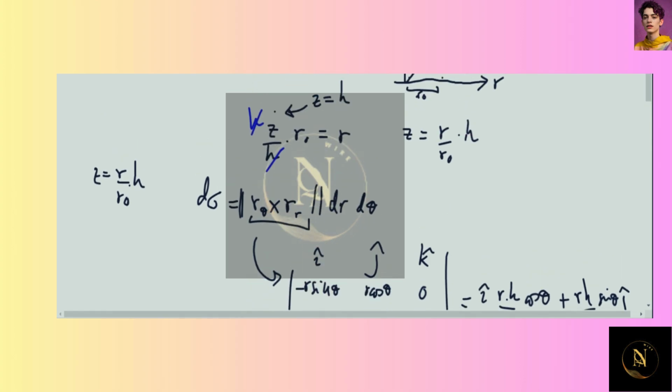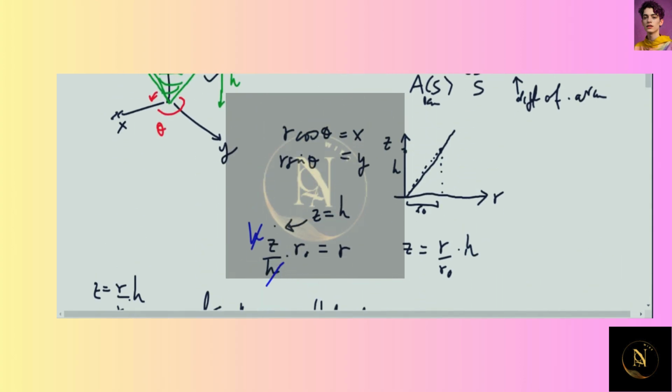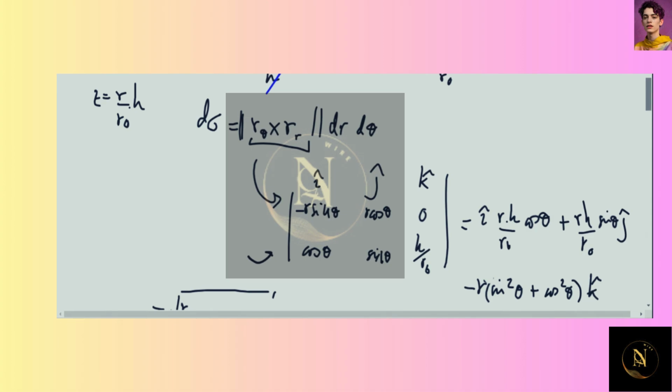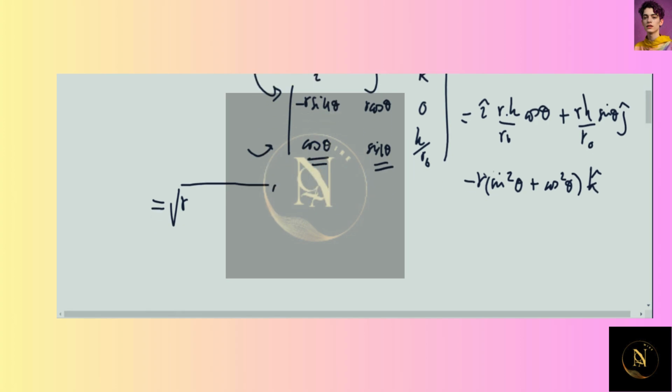So the derivative of x with respect to r would be just cosine of theta. Derivative of y, just sine. So that is correct there, and then that squared would be h over r naught, all of that squared, times cos squared, plus the same squared times sine squared, and then for the last one this is 1, so plus r squared.